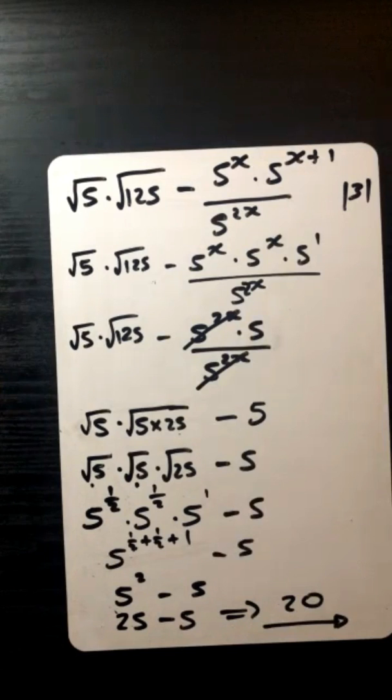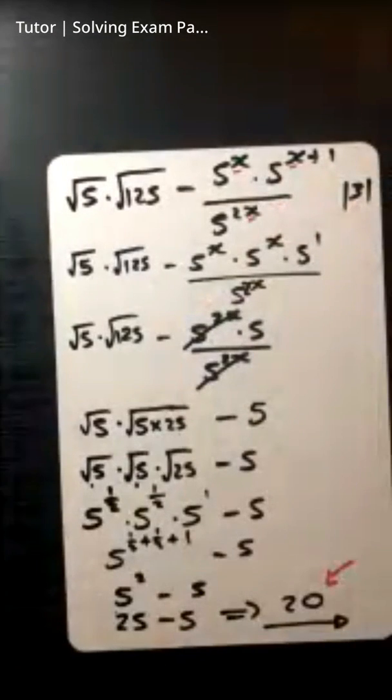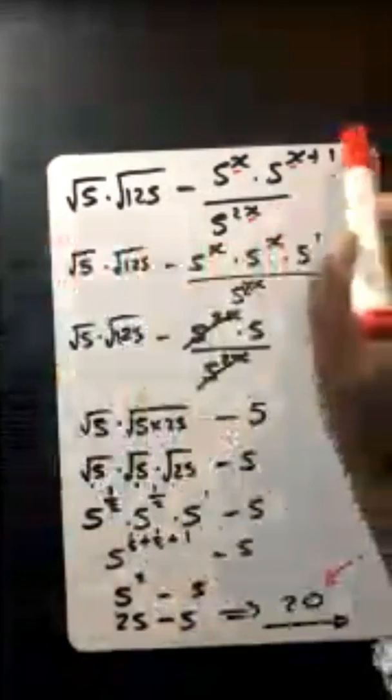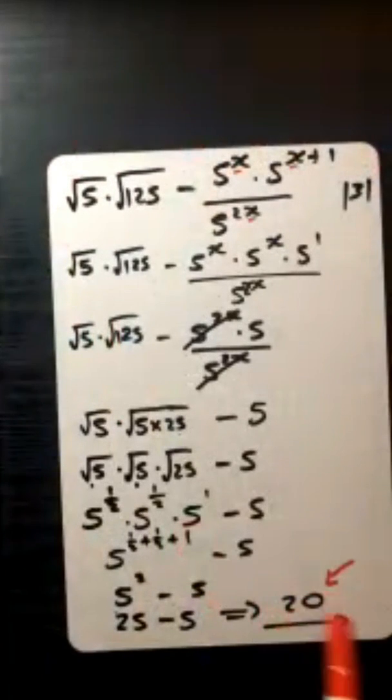So how do you prove if your final answer is correct? Ladies and gentlemen, take that same answer, which is 20, and substitute it in place of x. Make sure to substitute it correctly and punch the whole of this, and you must get 20.